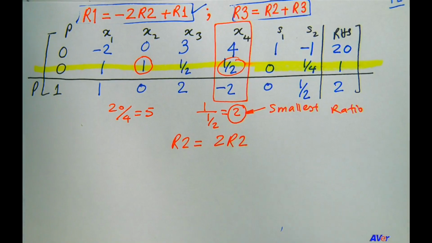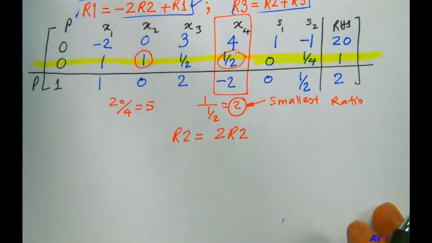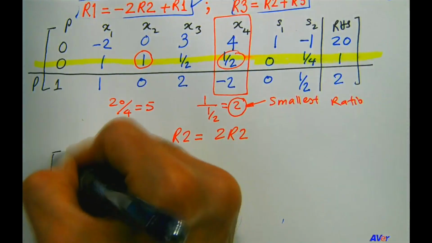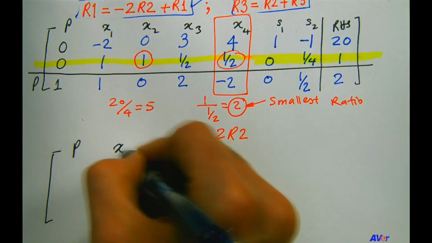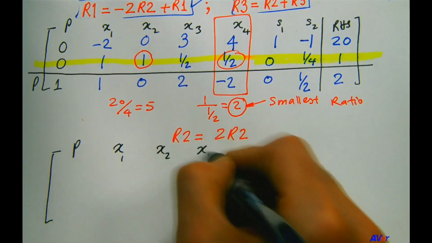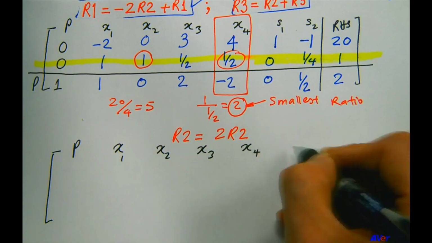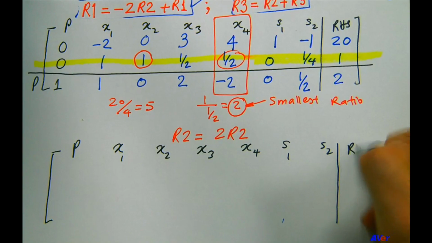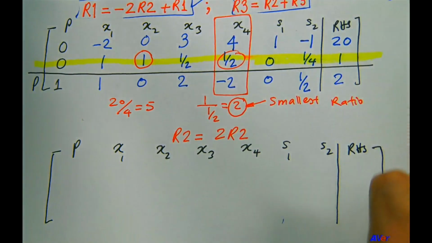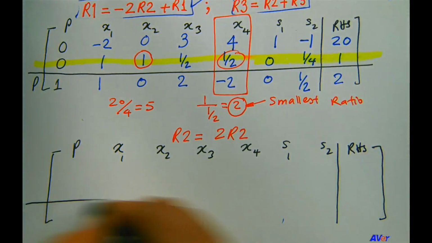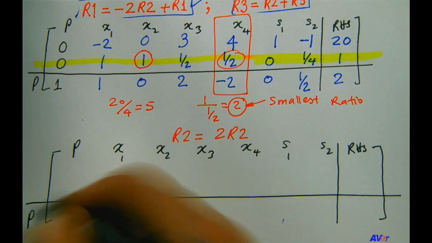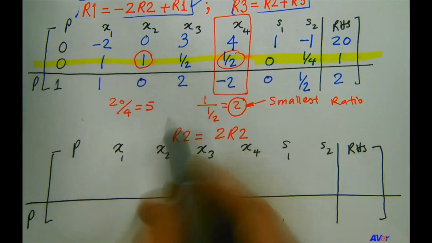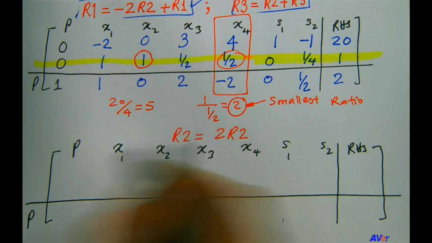Okay, so let's write down the next tableau. The other rows stay the same. That's all we're doing for this tableau.